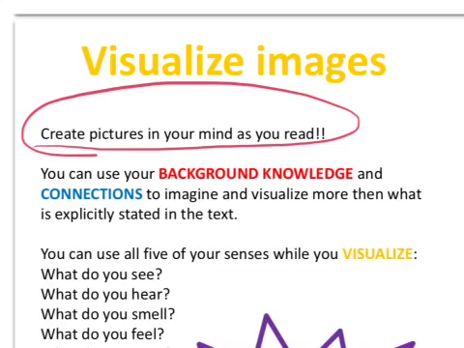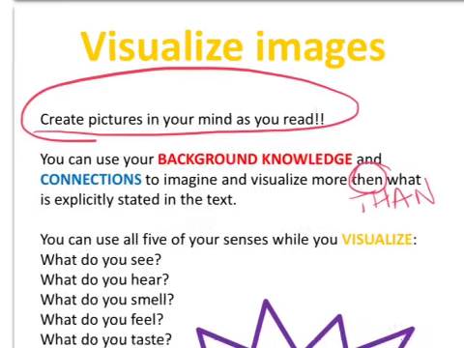And look at that, I've got a little typo there again. It should be "more than." So you can figure out what they're talking about when you're reading something and use your background knowledge, your connections, or your inferences to visualize a fuller picture than what they're really describing.